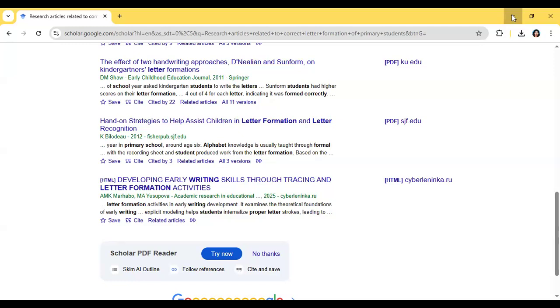Question research format. Wait, I will share this.